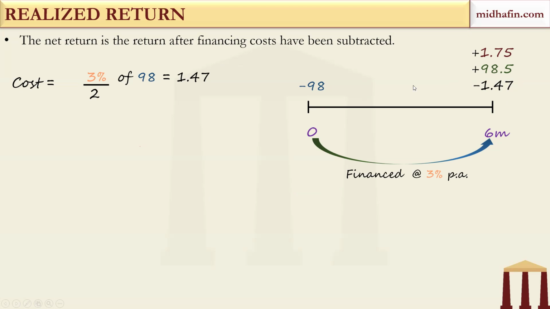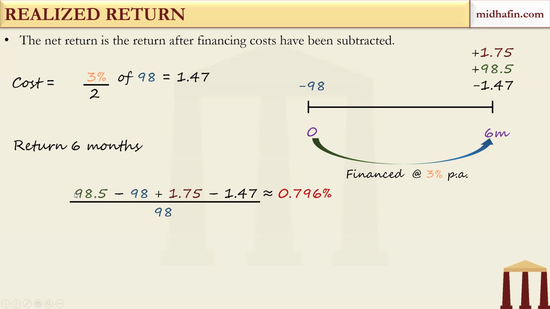So I'll subtract this also. So my net realized return in this case will be: add all the cash inflows, that is 98.5 and 1.75, and subtract all the cash outflows, that is 98 and 1.47. And you divide it by the initial investment. So you end up earning 0.796% for the 6 month period. If you want to find out the 1 year return with semi-annual compounding, just double it up.